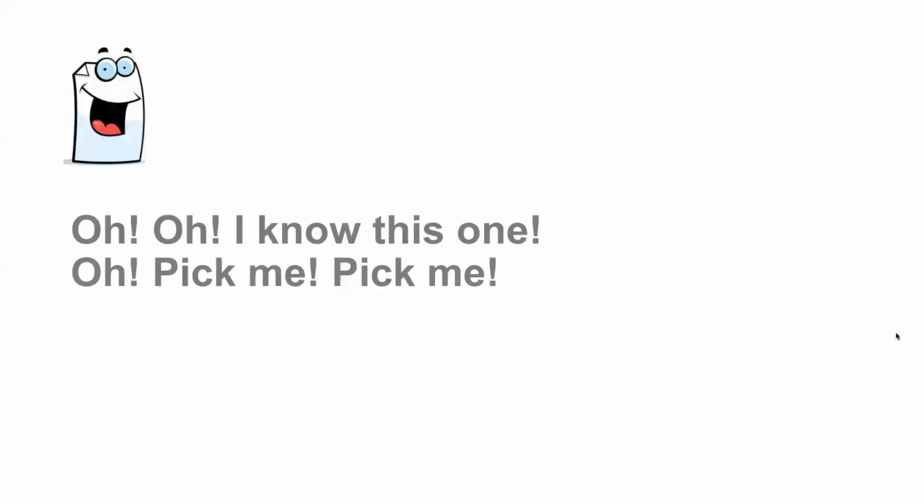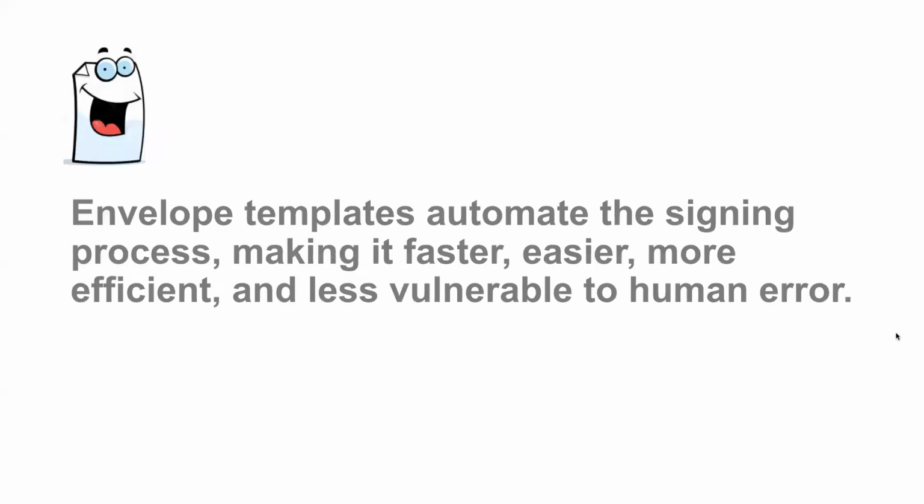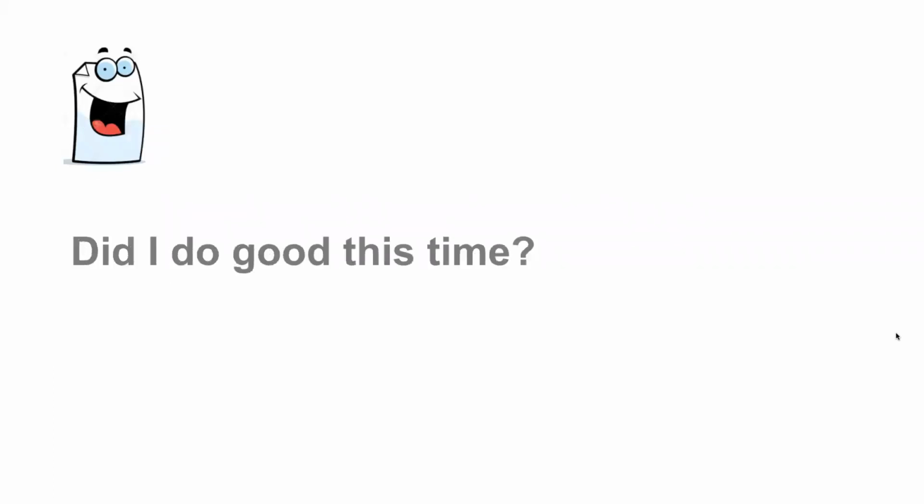Greg, I keep hearing about these darn envelope templates. Oh, I know this one. Oh, pick me. Okay, Docky. Envelope templates automate the signing process, making it faster, easier, more efficient, and less vulnerable to human error. Did I do good this time? Marvelous job, Docky. Just marvelous.